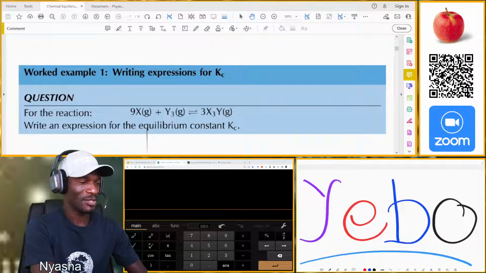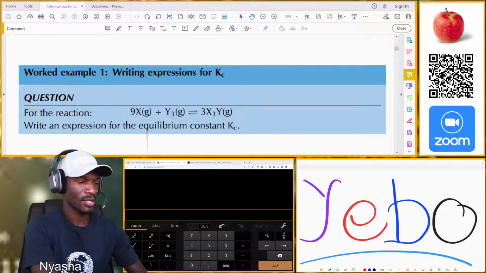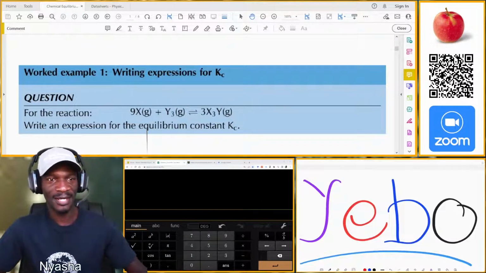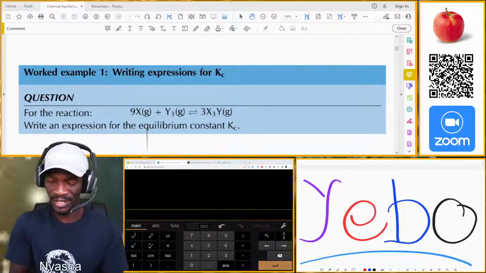Then we will compare our answers. Attempt the question, then you compare answers. I'm just putting up a comment there.